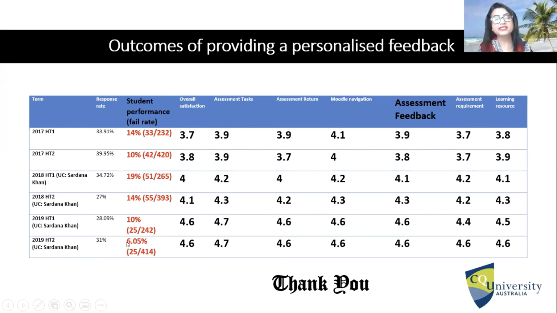That means only 6% of students failed, whereas initially it was even 19-20% in some cases. So you can also see the overall satisfaction rate has gradually improved in all criteria, basically.